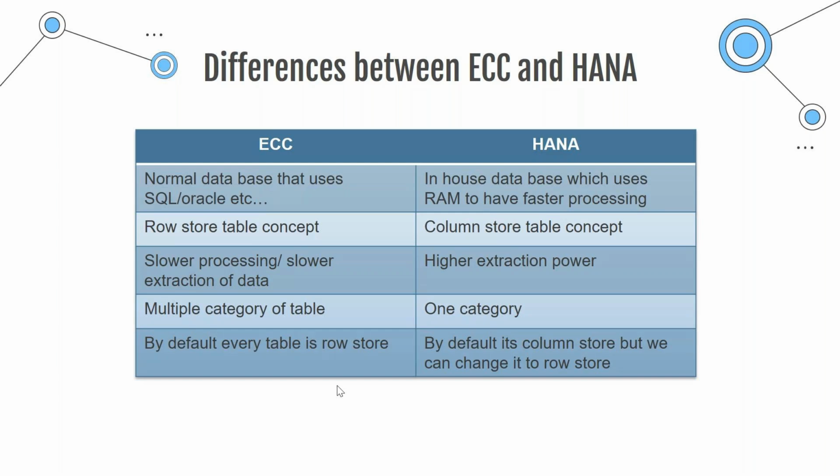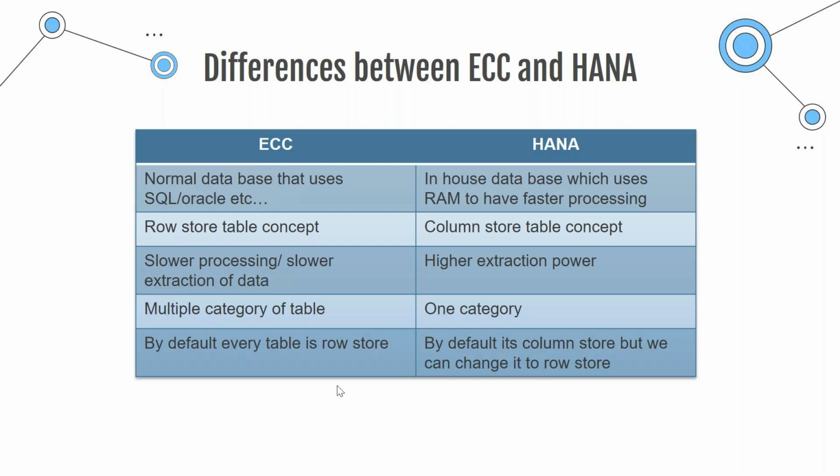First of all, ECC uses normal databases, which are third-party databases. Generally, these are SQL and Oracle. Only these two, most of the projects will use these two databases, SQL or Oracle. Whereas in S4 systems, SAP uses in-house database, which is HANA system.